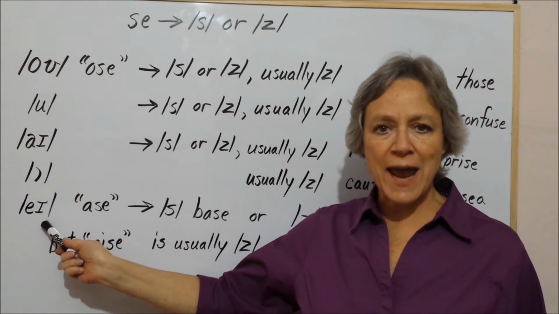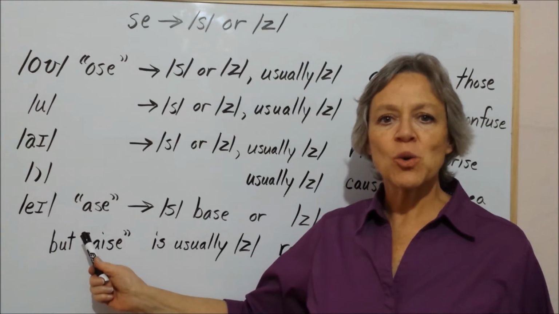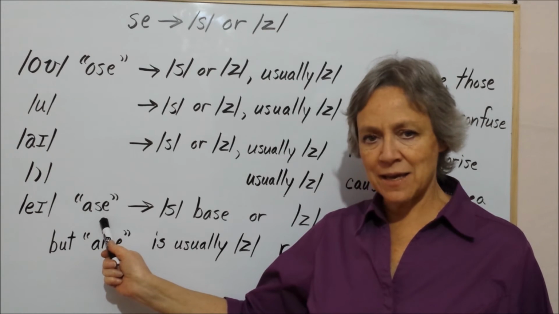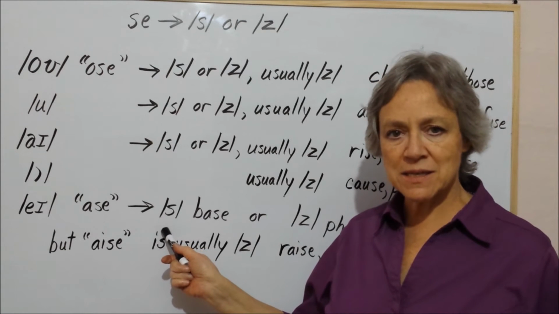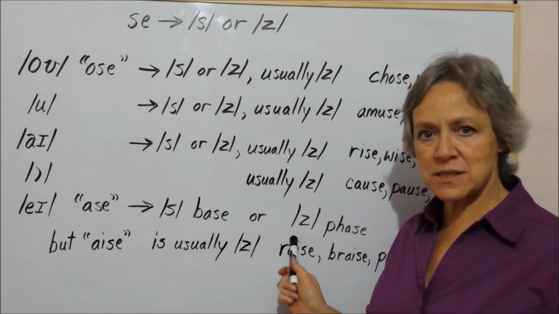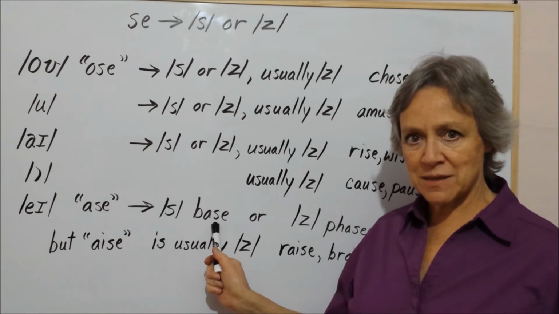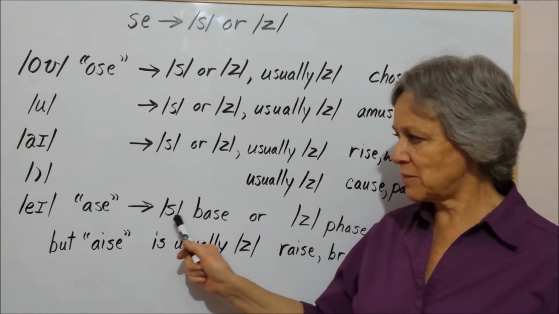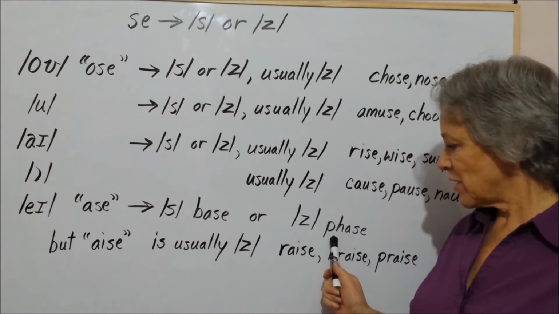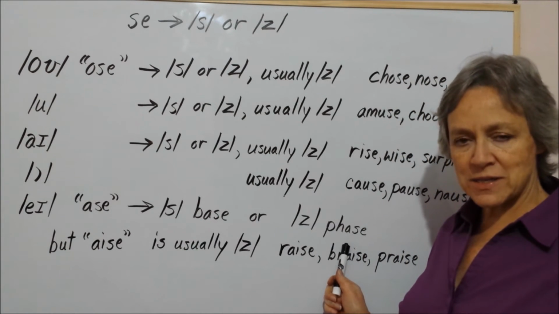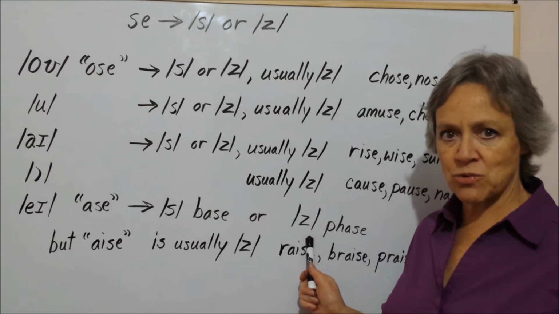With the vowel sound A, when the combination of letters was spelled A-S-E, I found about an equal distribution between the S sound and the Z sound. Here's one example for each of those. Base has the letters A-S-E, and the S makes the S sound. Phase also has the letters A-S-E, and the S makes the Z sound.